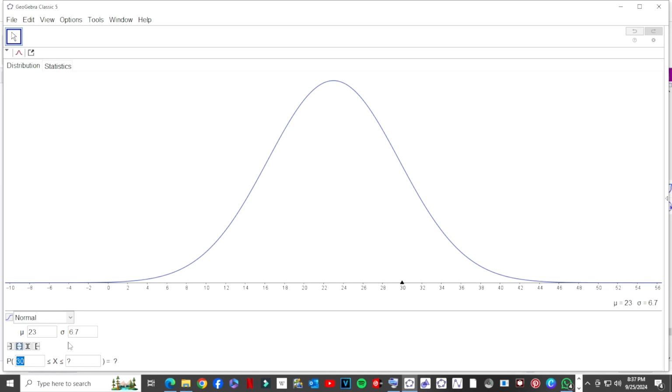So the probability that x is greater than 30 will be given by, if you look at our curve, this graph here with a mean of 23 and a standard deviation of 6.7, we realize that it starts stabilizing at around 46, moving onwards. So any value picked beyond this, from here the probability will already be stabilizing. So by picking any value bigger than this, it makes no harm.